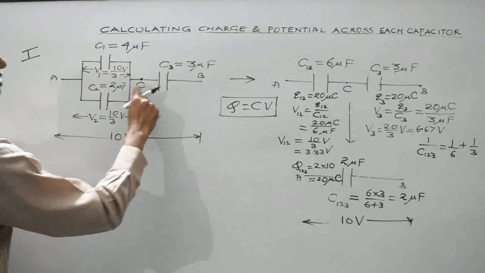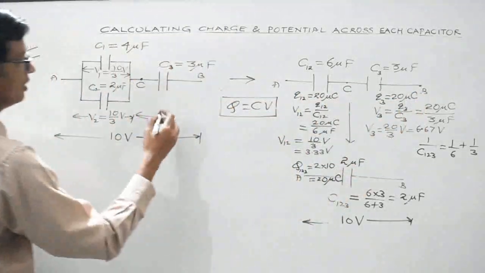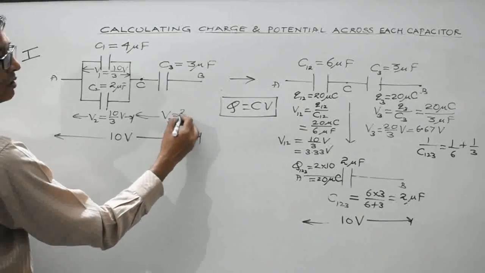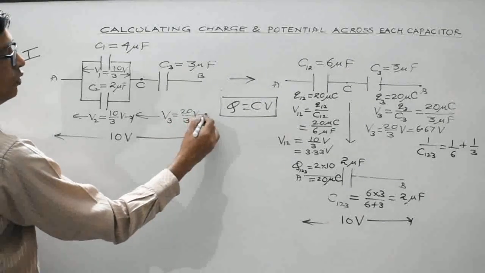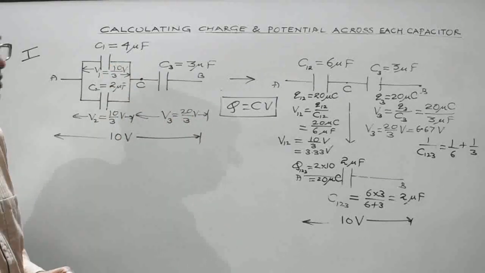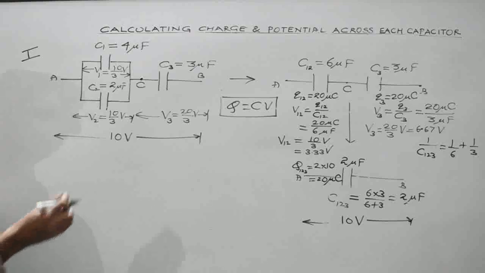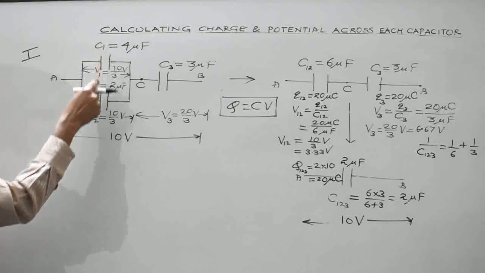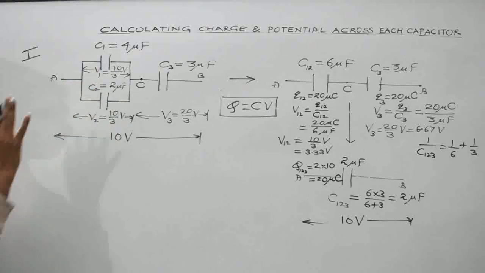And between C and D, we have already calculated the potential is 20 by 3 volt, and the addition of V2 plus V3 will give us 10 volt. Clear?